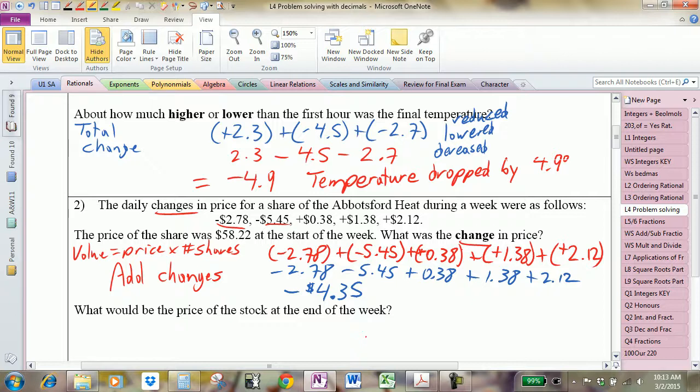I know. What does that mean, though? What does it mean? In a sentence? Jasmine, go for it. So how can we say that in words? What's that representing?